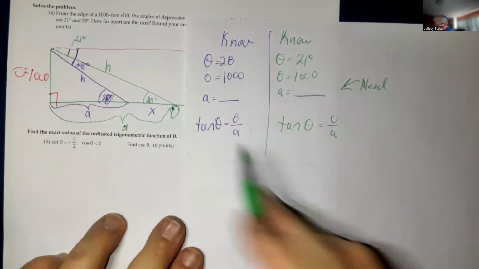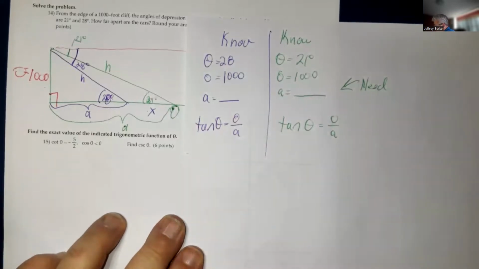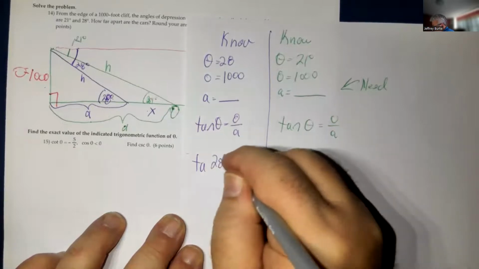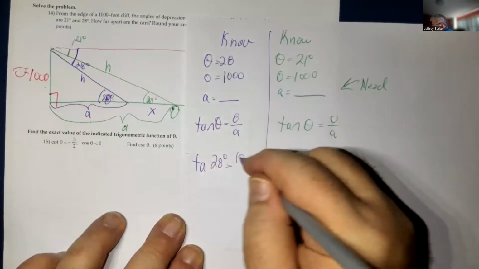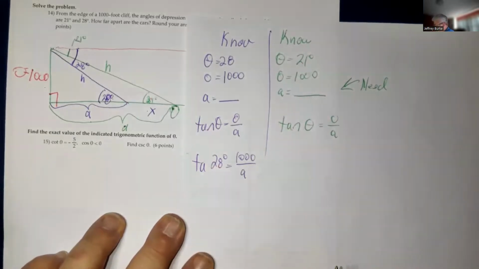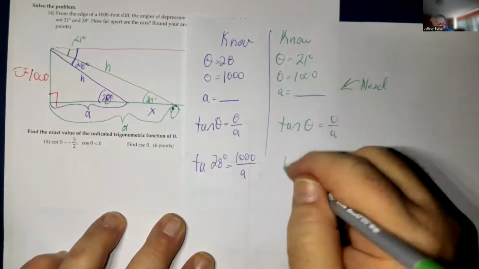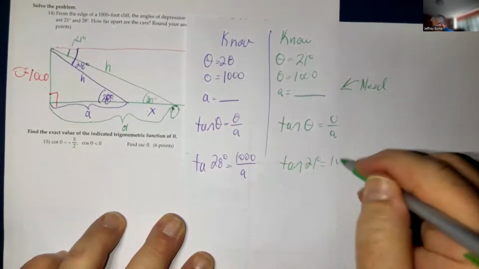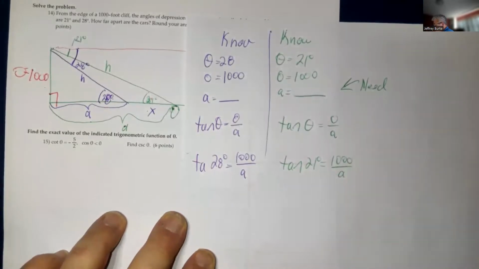So the tan of 28 degrees equals 1,000 over the adjacent. Over here, the tan of 21 degrees equals 1,000 over the adjacent.